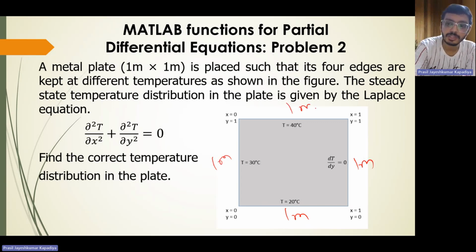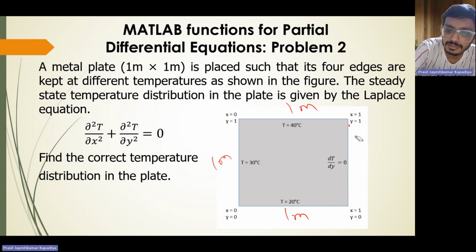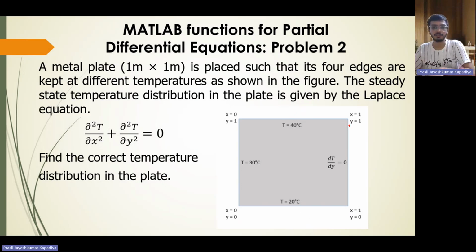Now what is told to us: x equal to 0, y equal to 0, x equal to 1, y equal to 0. These are four boundaries. Now at this edge, my temperature is 20. At this edge, my dT/dy is equal to 0. Then at this edge, my temperature is 40. And at this edge, my temperature is 30.